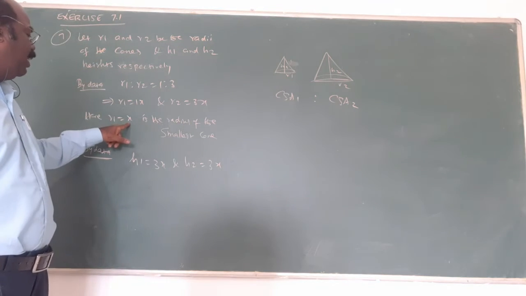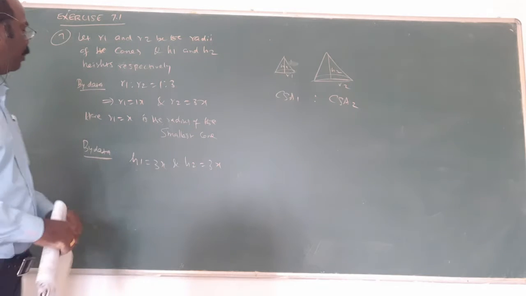The radius of the smaller cone is x, that's why 3x, 3x. This is important.